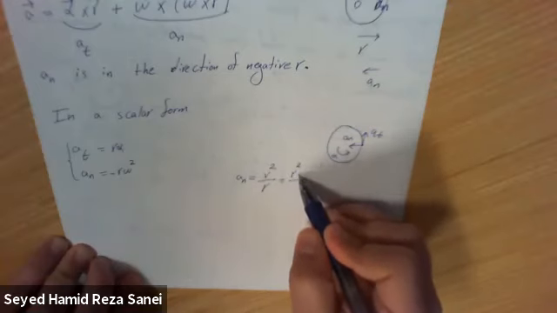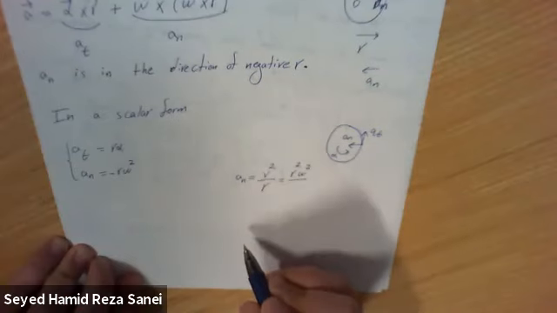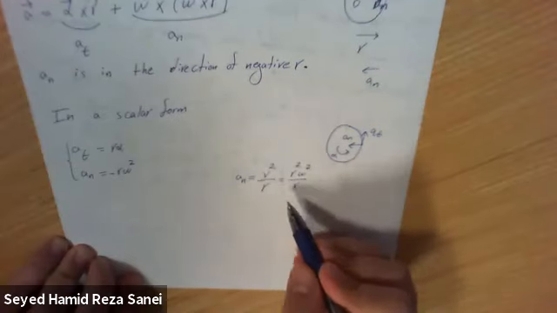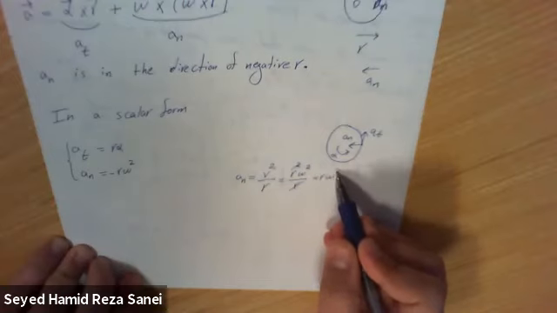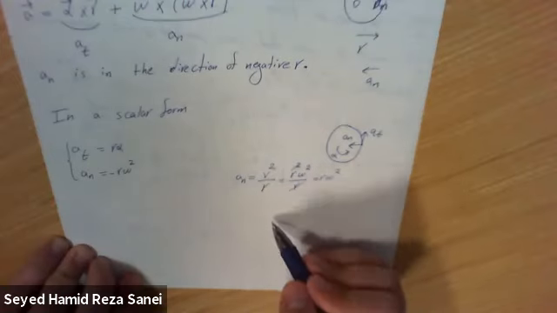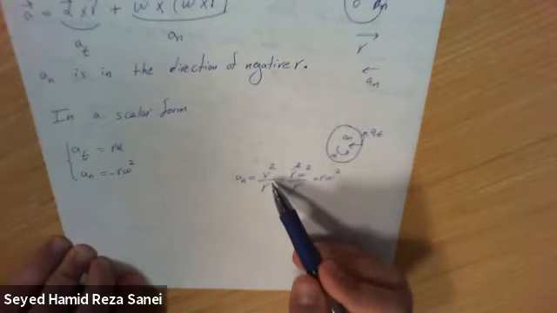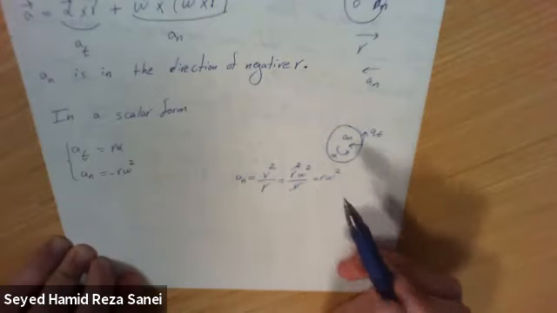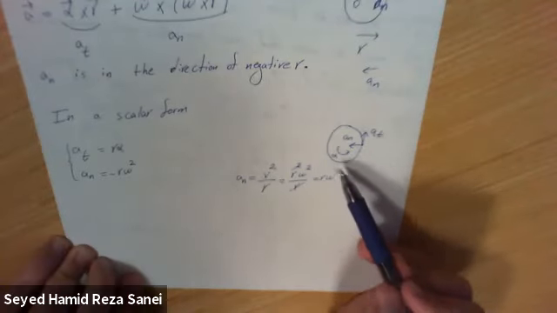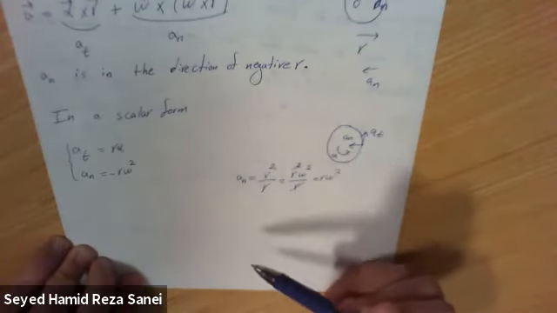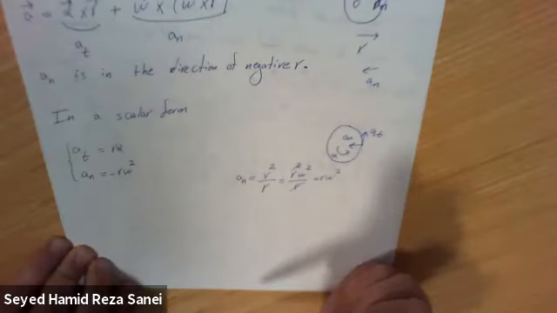So it's r squared omega squared over r, which gives r omega squared. You can see both of them are talking about the same thing. Over there, we showed it as velocity squared over r; here, we show it as r omega squared. Both are in the direction of the center, or the opposite direction of the radius.